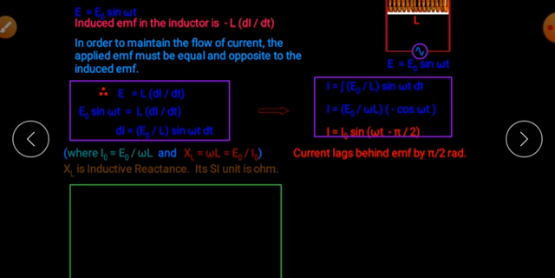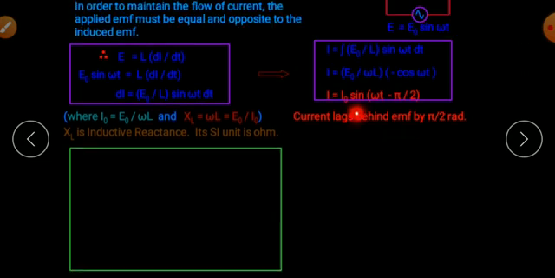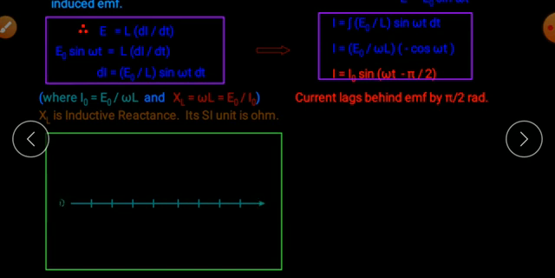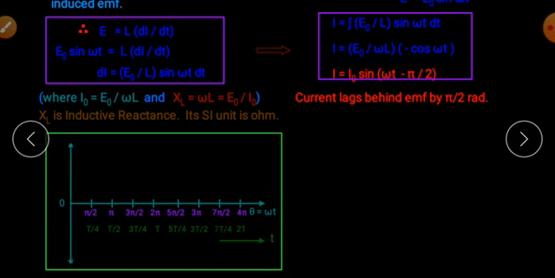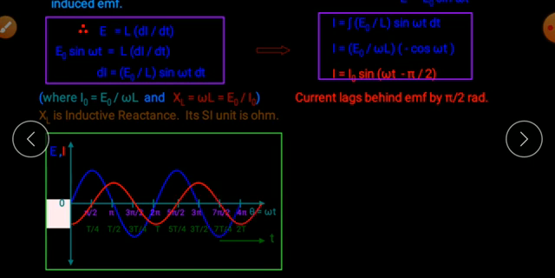Now the figure shows the phase relationship of I and E graphically. In this we see T by 2, T by 4 up to 2T on the x-axis, and E and I on the y-axis. The phase angle between E and I is pi by 2.